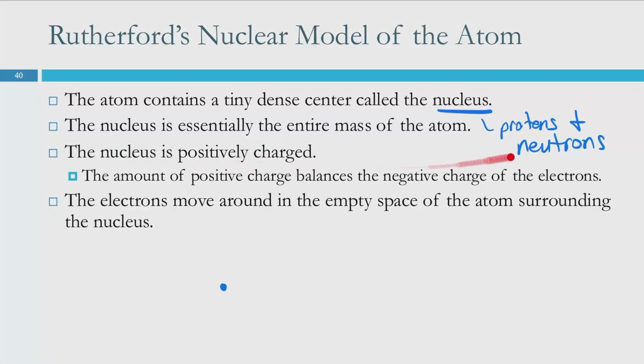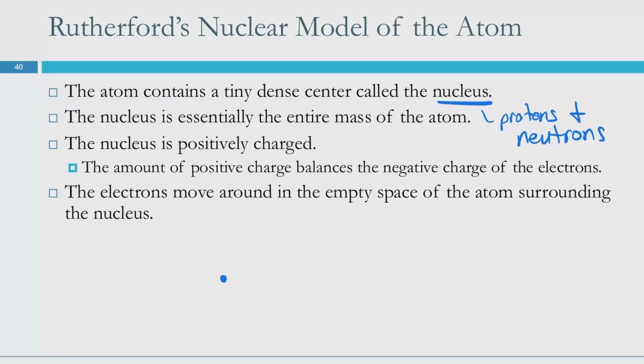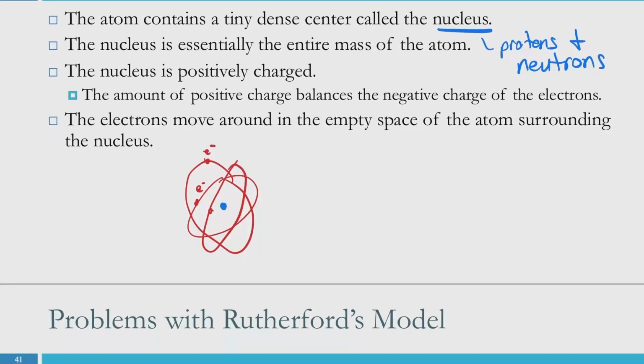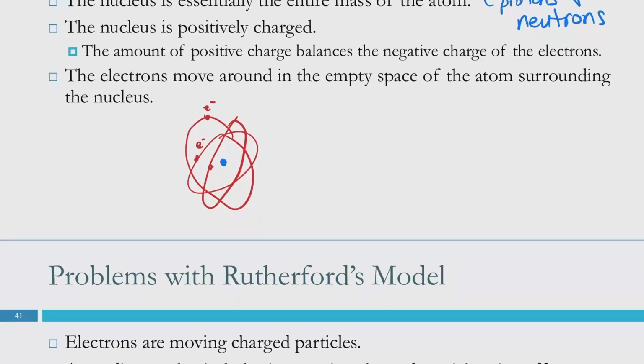The nucleus is positively charged because of the protons. The amount of positive charge balances the negative charge of the electrons, and the electrons move around. We could maybe make like a Jimmy Neutron type, if you've watched the TV show. The electrons sort of just fly around. I don't know that Rutherford talked too much about why they fly around.